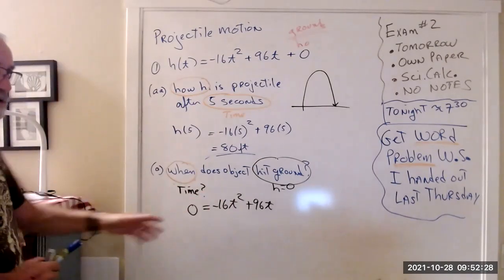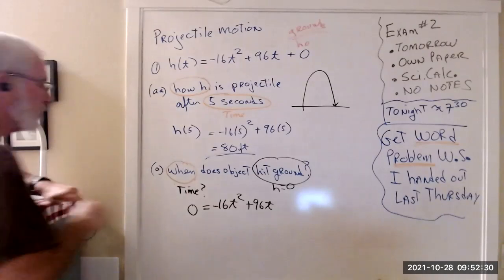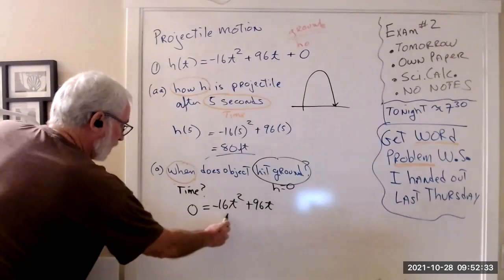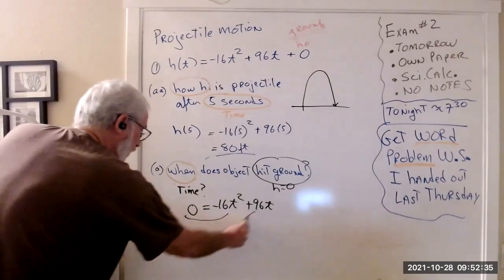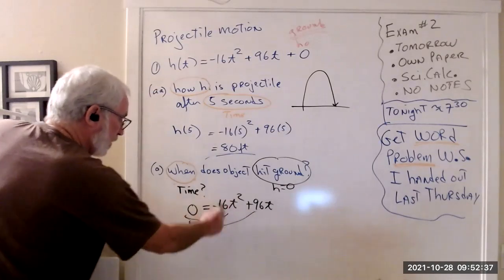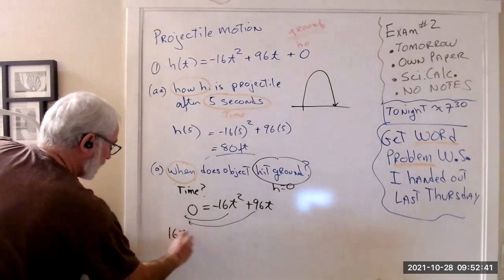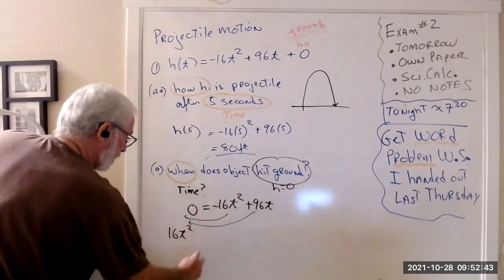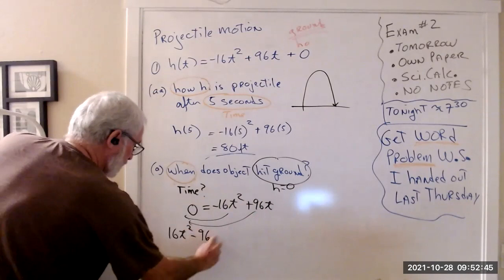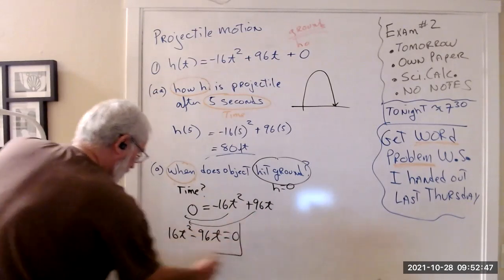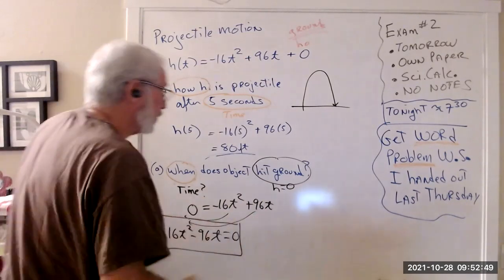I'm going to factor this. So to factor this, first off, I'm going to move everything over here because I like my t squared to be positive. So if I add 16t squared to both sides, I get 16t squared minus 96t equals 0.